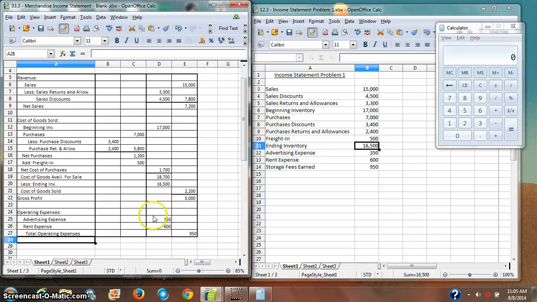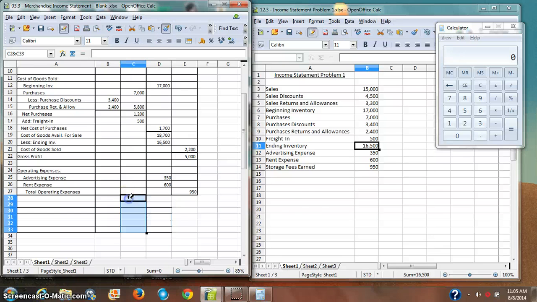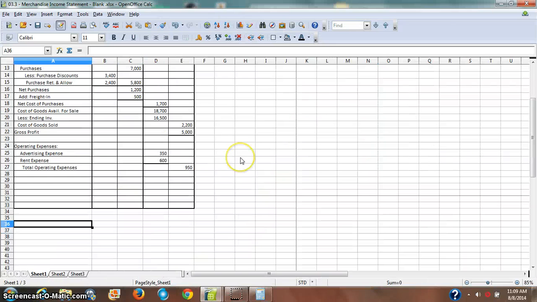And at this point I'm running out of space on my sheet. I'll make you a longer sheet and put that on the website. Get us a little more space here. Okay, so we have a little more space here now. I've got my operating expenses and my total operating expenses.